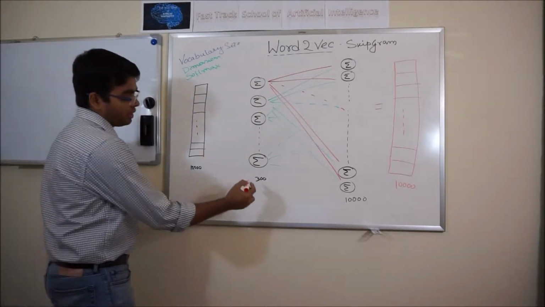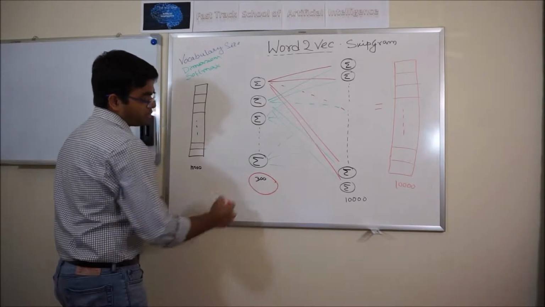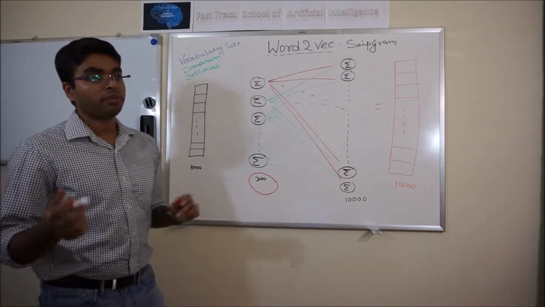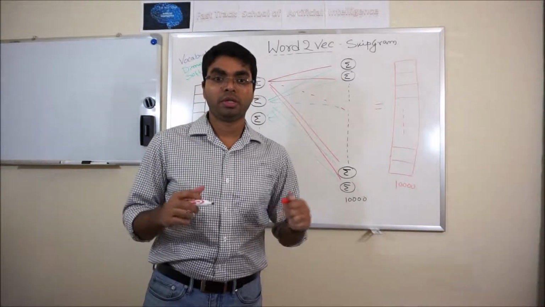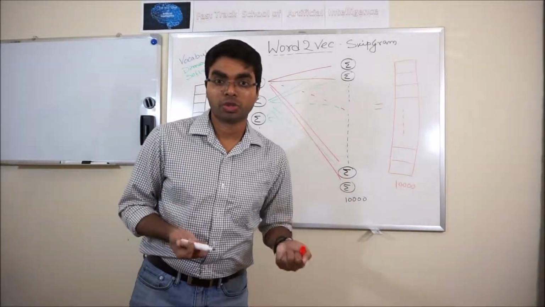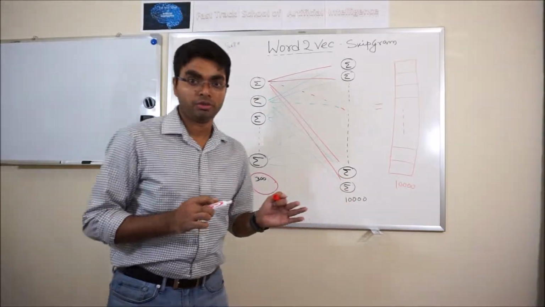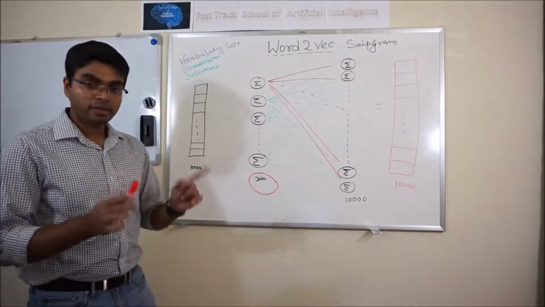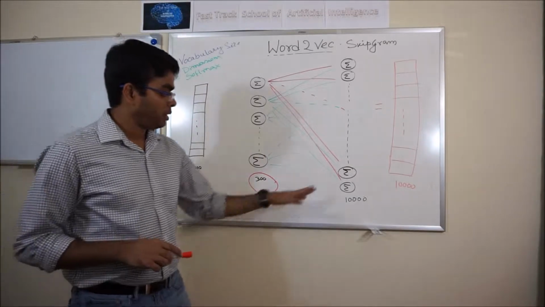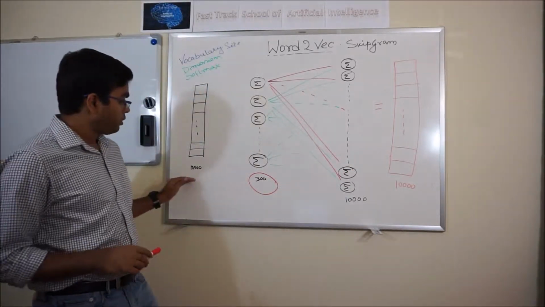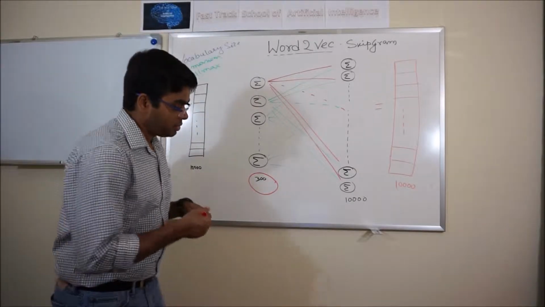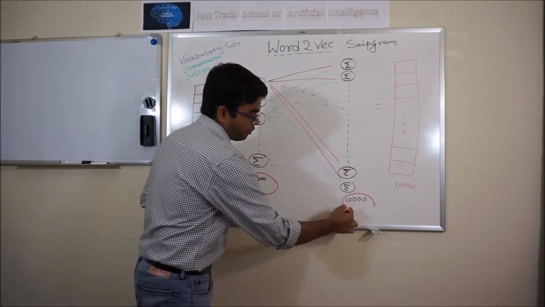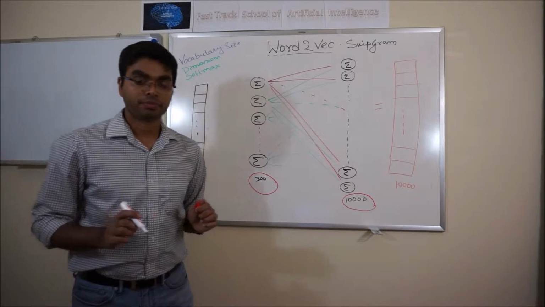The size of the hidden layer is the dimensions where we are going to represent each of our words. It's the dimension of the vector space where we are going to represent each of these individual words. So that is the exact size of our hidden layer. The size of the output layer is the size of our vocabulary.